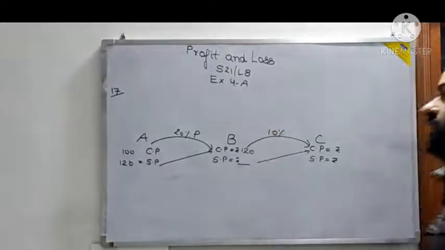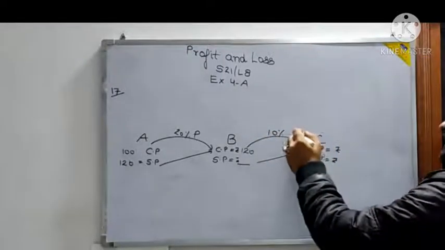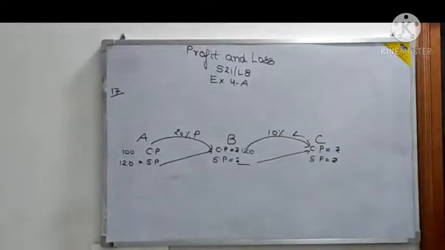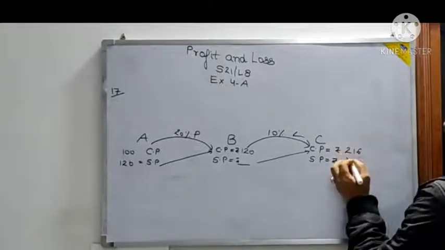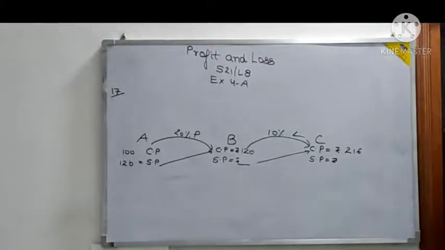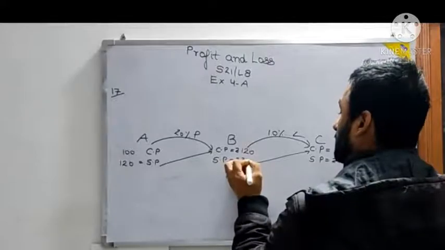So, B is selling to C at a loss of 10%. I am writing it L. Then, if C pays rupees 216 for the article, C is paying 216. That means C had got it for 216 rupees only.